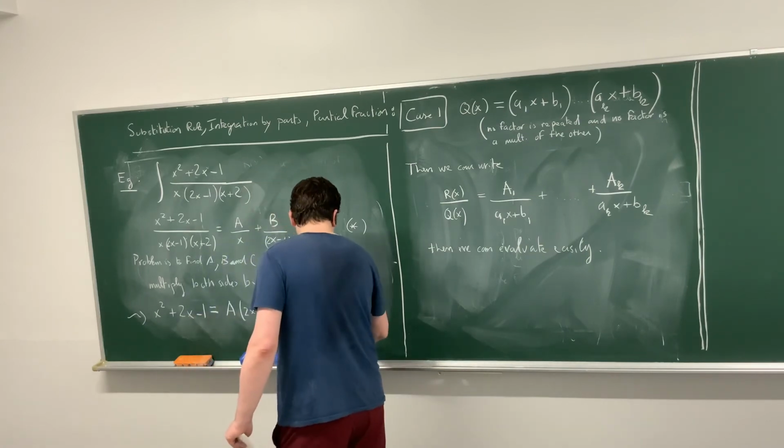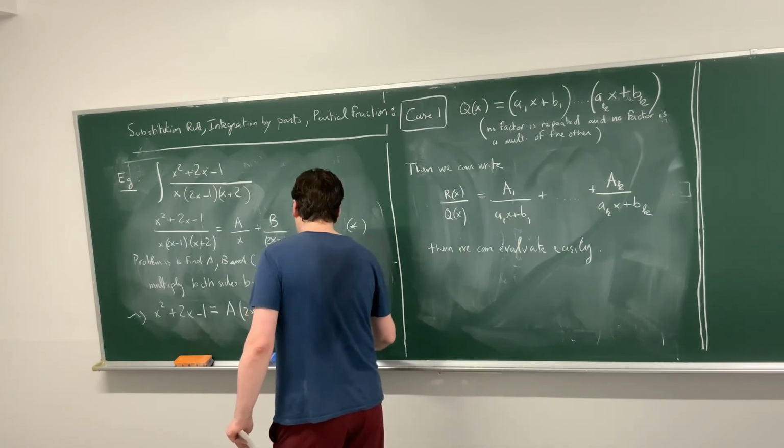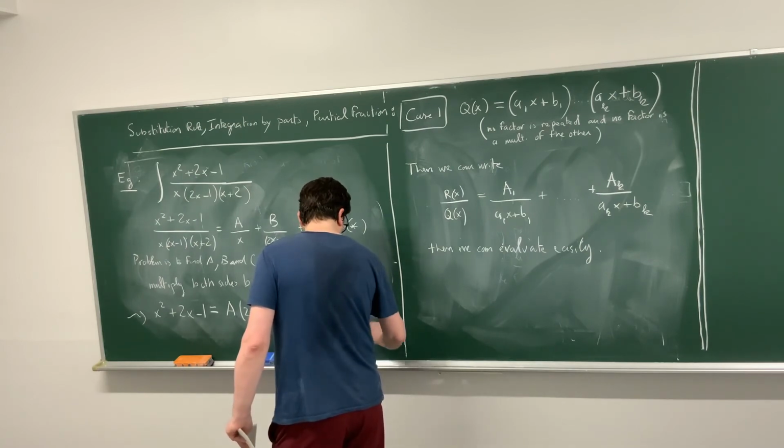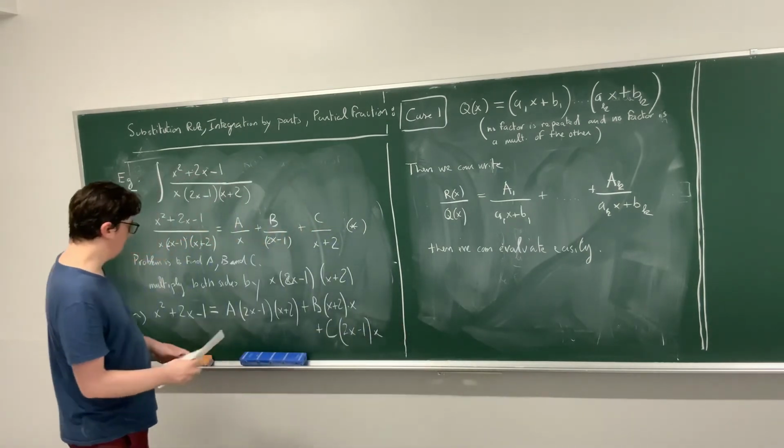And finally c times 2x minus 1 and x. Okay, we do that.